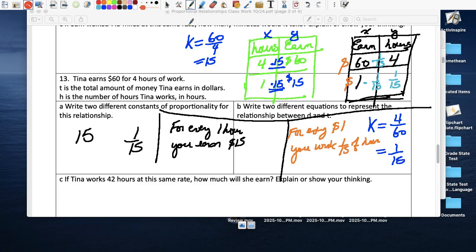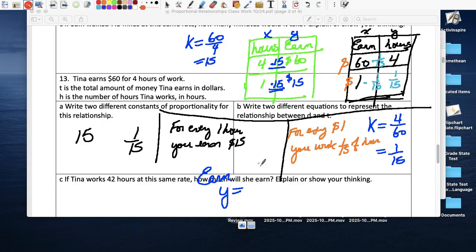Okay, write two different equations. So let's use the first table. In the first table, y, the total, is the amount that I earn. So think about y, the amount that I'm going to take home, the amount that I'm going to earn, which is represented by the letter y. How do I calculate that?